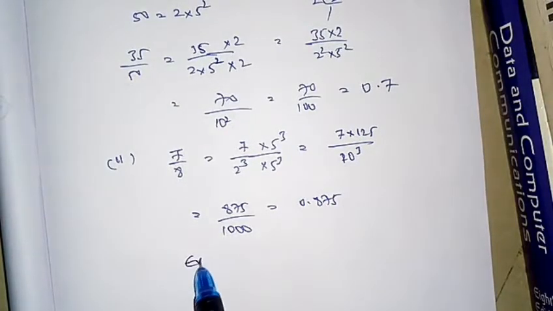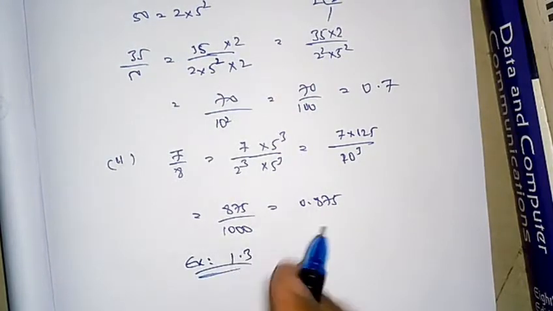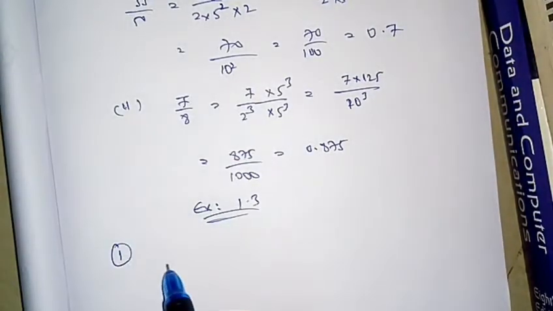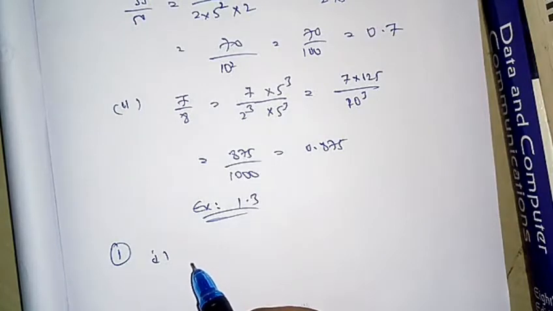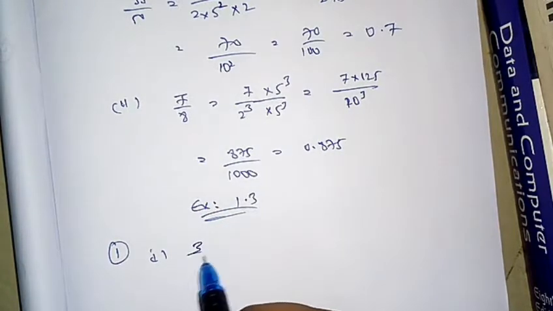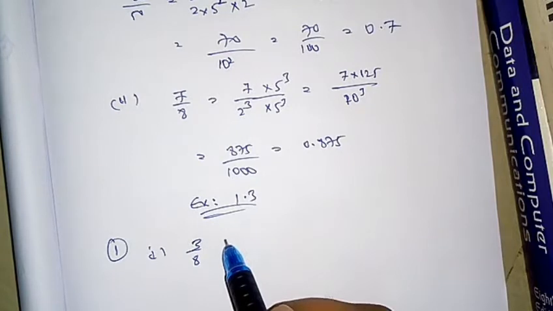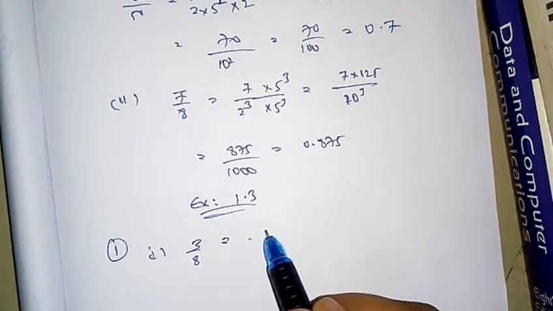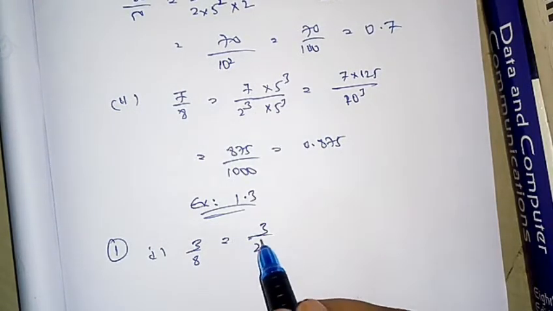Next is exercise 1.3. First one: write the following rational numbers in their decimal form and also state whether they are terminating or non-terminating repeating. So first one is 3 by 8. 3 by 8 can be written as 3 by 2 cube.